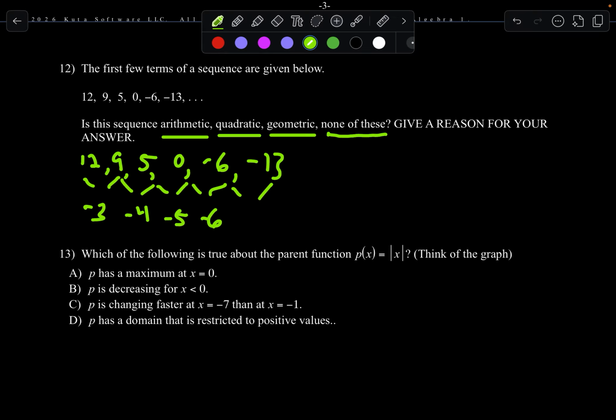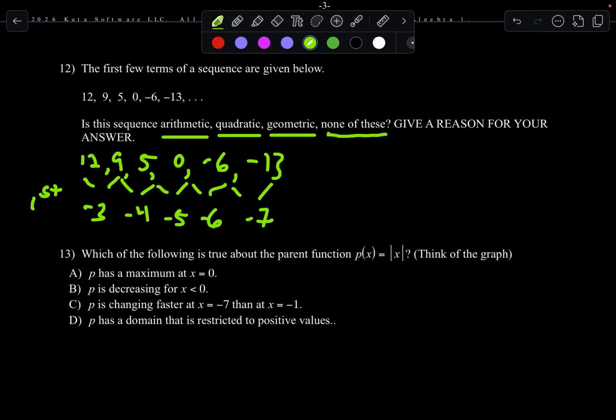And last, -13 minus a -6 is -13 plus 6, which is -7. So this is the first difference. If this had been constant, then you would say it's arithmetic, because you're adding the same number each time, but it's not constant.